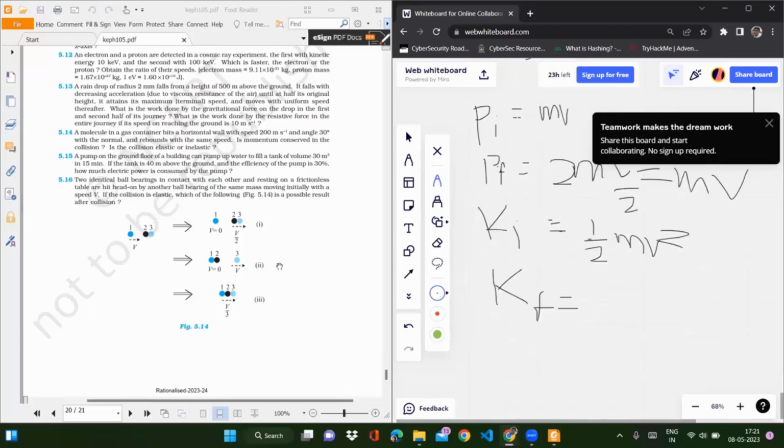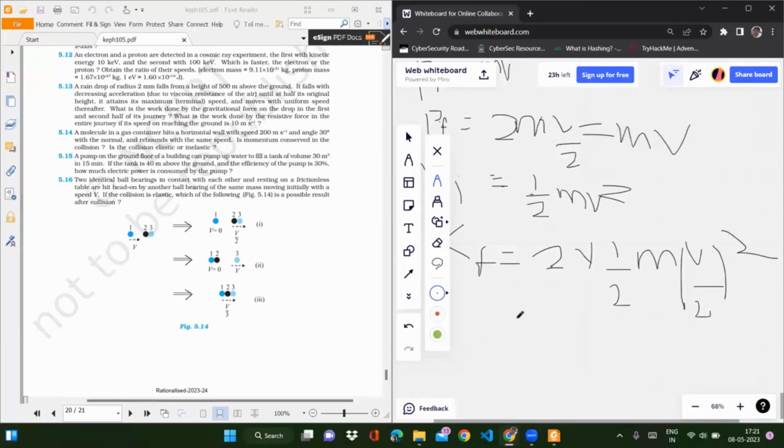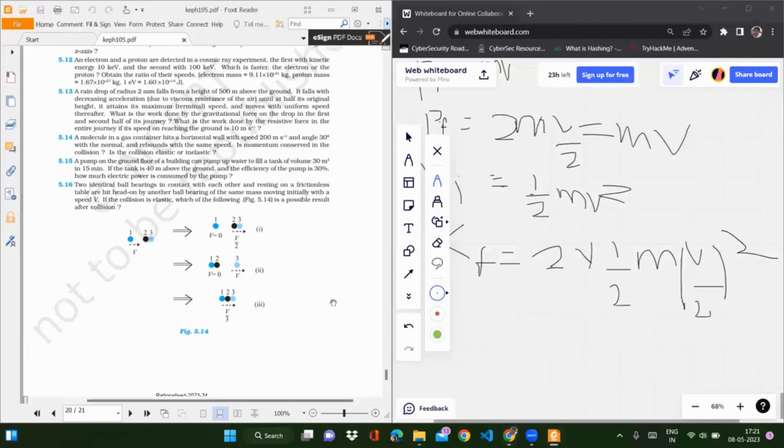The kinetic energy final will be half m(v/2)² plus half m(v/2)², twice of half m(v/2)², which is 1/4 of half mv², so 1/4 of mv², whereas the initial kinetic energy is half of mv². So kinetic energy initial is not equal to kinetic energy final. So the second condition is violated, and case number one is not possible.